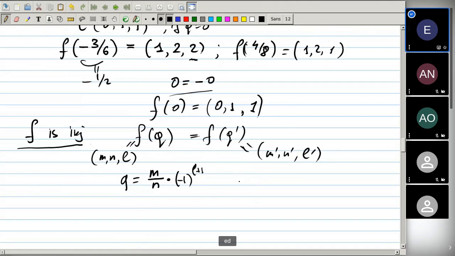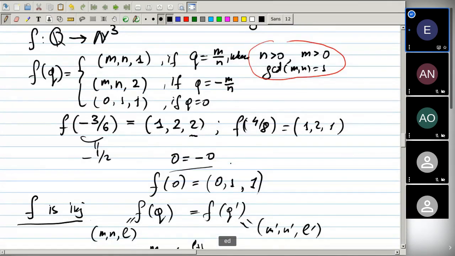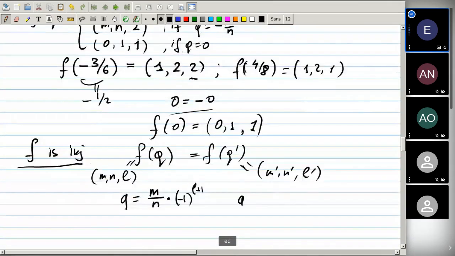Is it clear? Yeah, exactly, this way. And likewise, q prime is m prime over n prime multiplied by minus 1 to the power l prime plus 1.